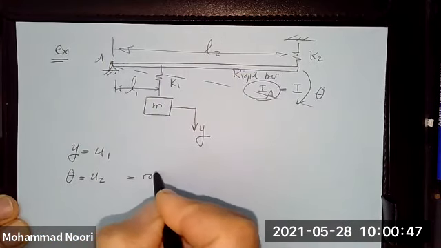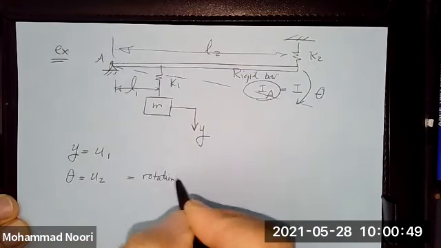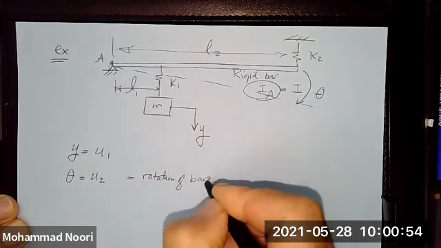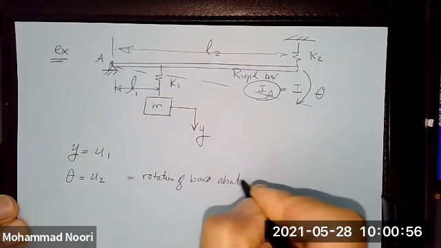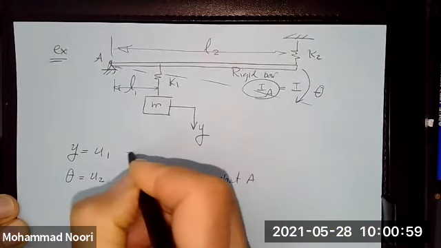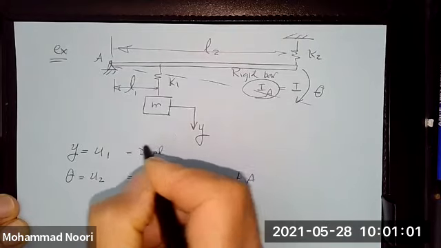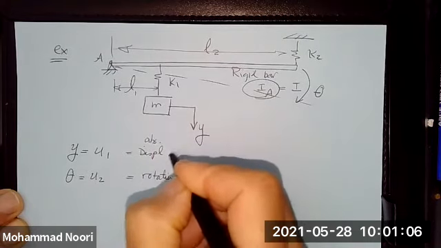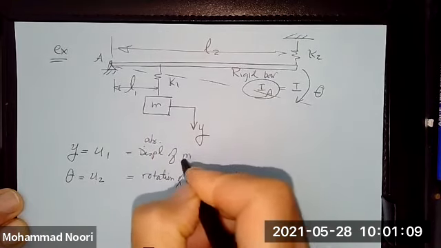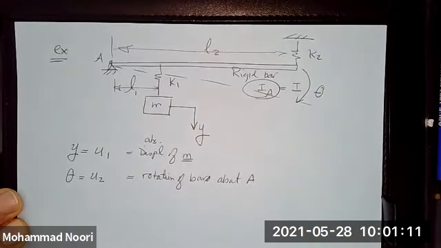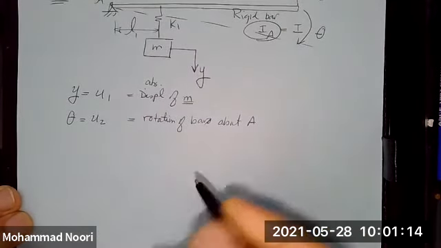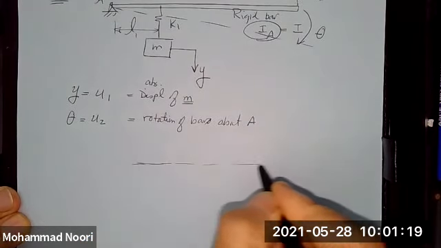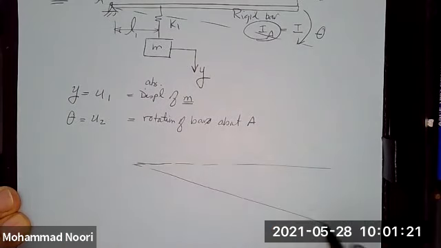So this is rotation of a bar about A, and this is displacement of, or the absolute displacement of mass M, okay? So, in other words, when this is going to displace, the bar displaces, it would go like this.